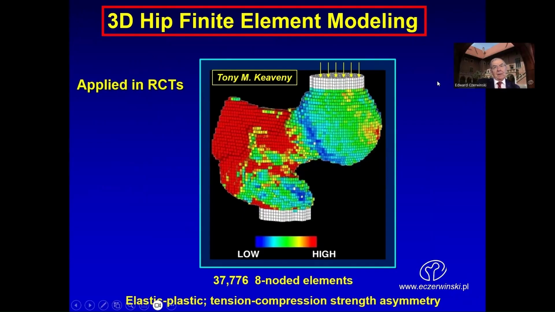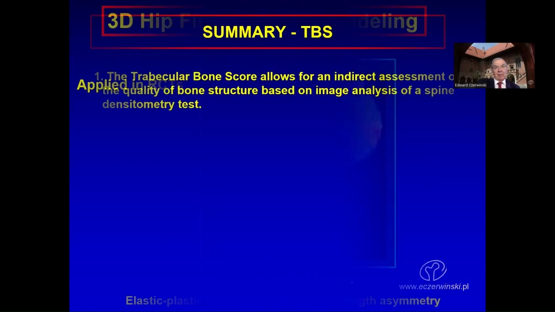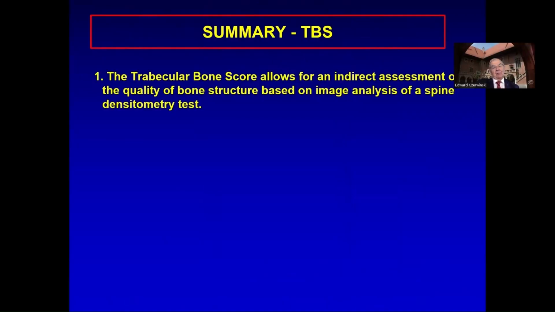And here is how we can test it in the computer, having the patient's QCT, what high risk of fracture she has. This will be crucial in new medication assessment, because without bone biopsy we can calculate the bone resistance to fracture. And that will be all for today.